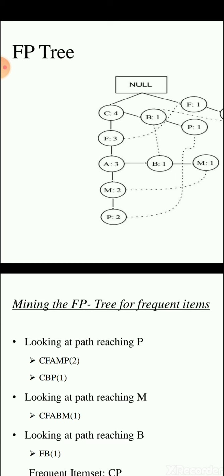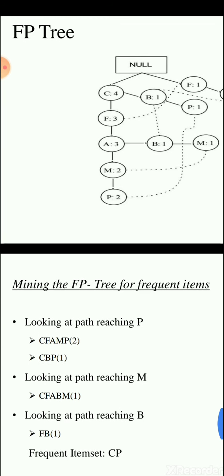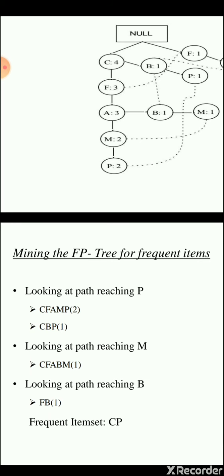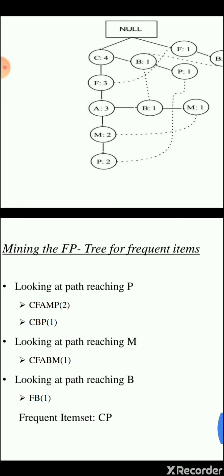We can see that C P occurs 3 times. Then looking at the path reaching M, you get C F A B M, that is only 1. Looking at the path reaching B, we get F B 1. So the item set that matches the minimum support count is C P. So the frequent item set is C P.